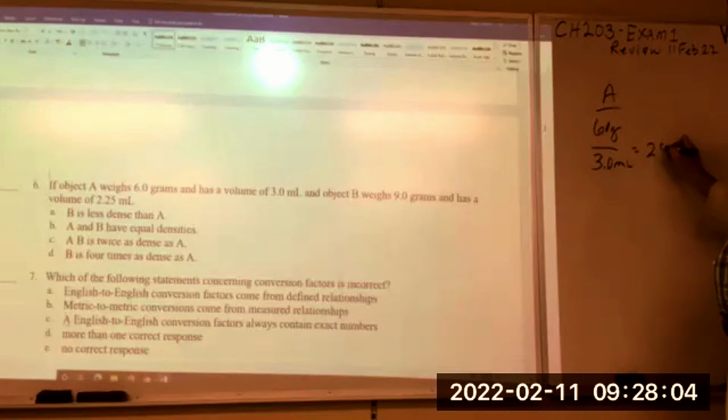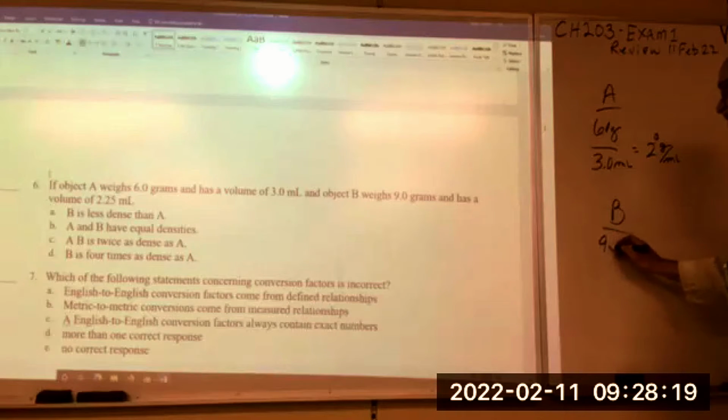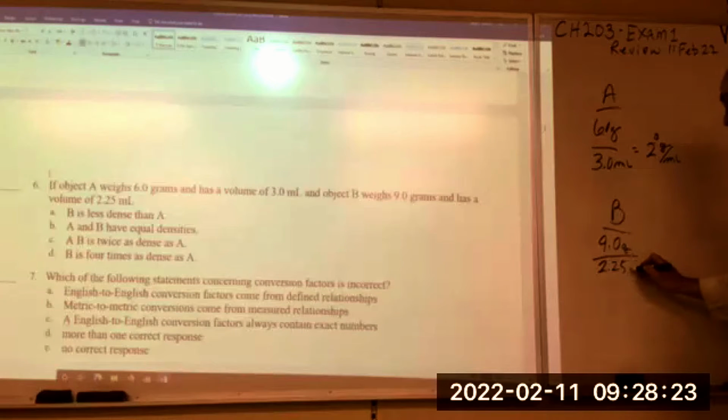That'd be 2 grams per milliliter. And then B is 9 grams and 2.25 milliliters.